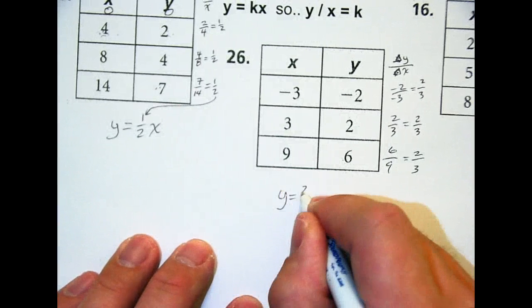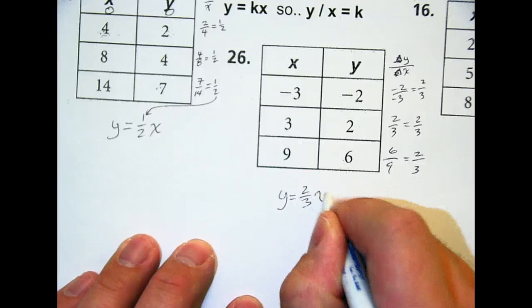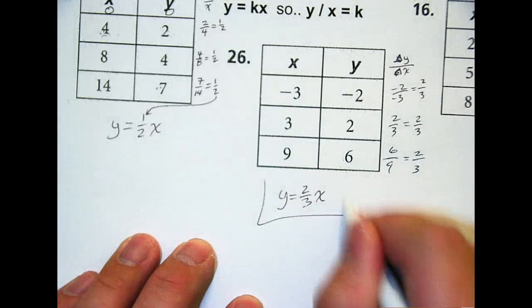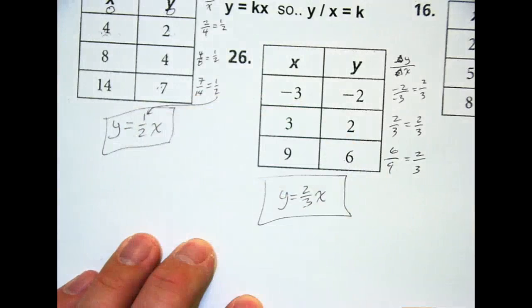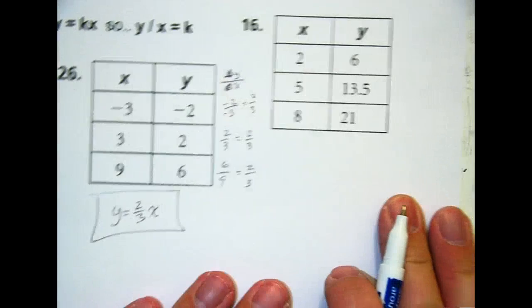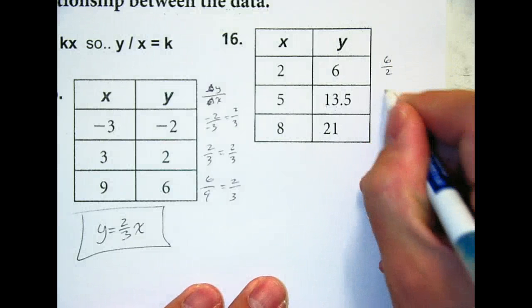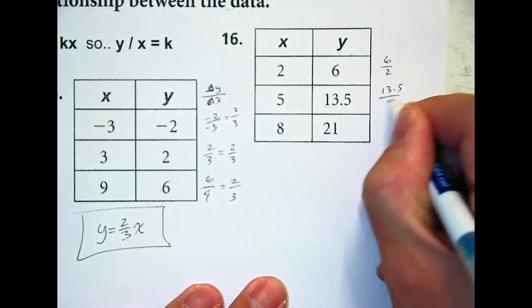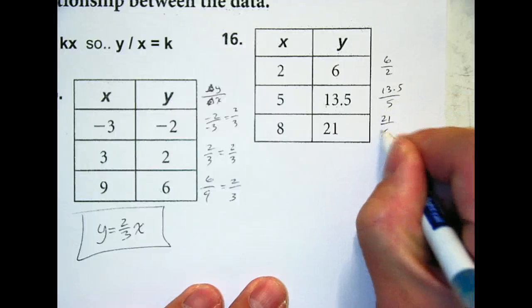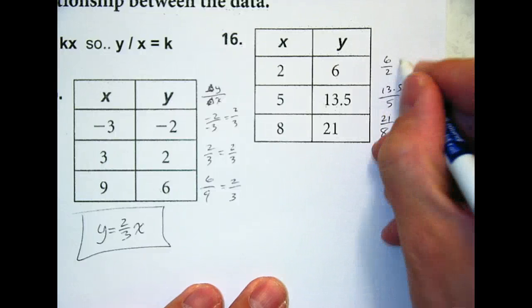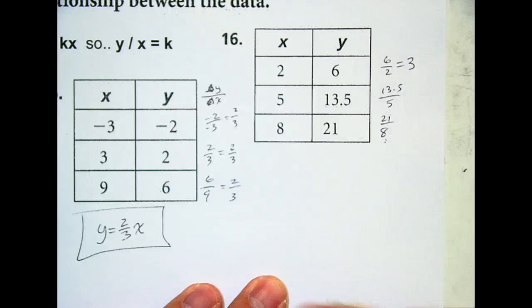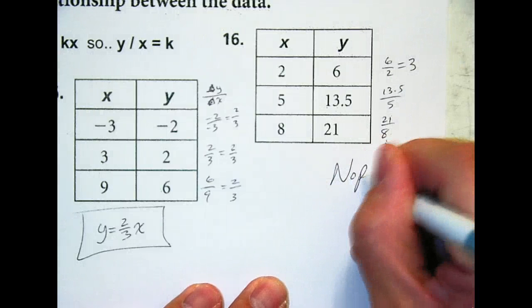Y equals 2/3 times x. Don't forget the y and the x. Here we got it. How about number 16, direct variation? 6 over 2, 13.5 over 5, 21 over 8. This one doesn't even reduce. This one becomes 3. Nope. Can't do anything.